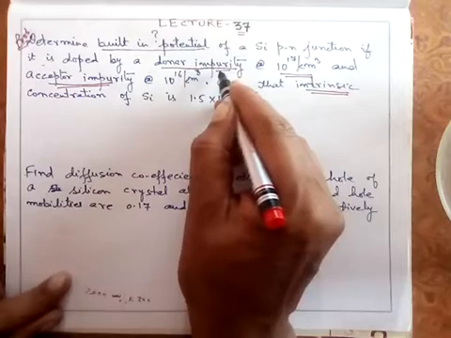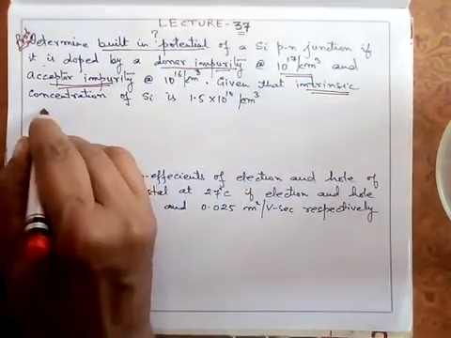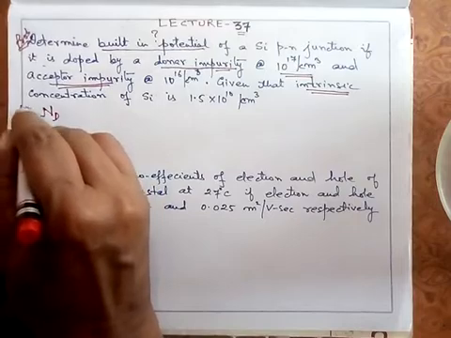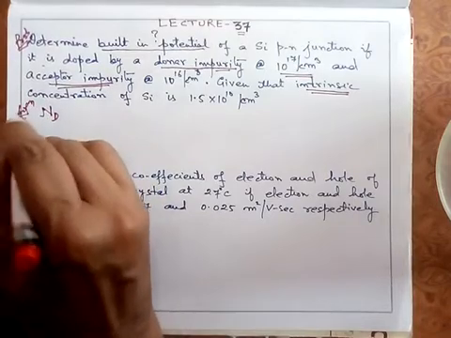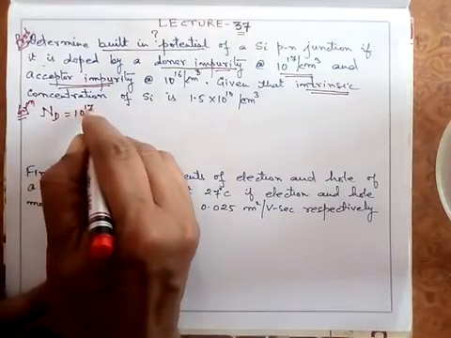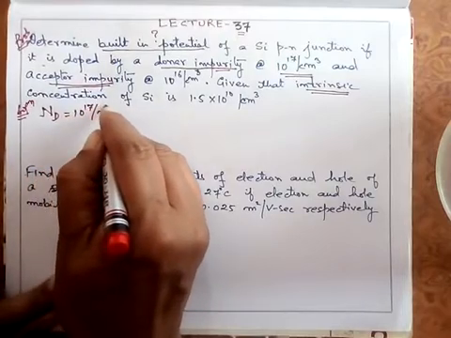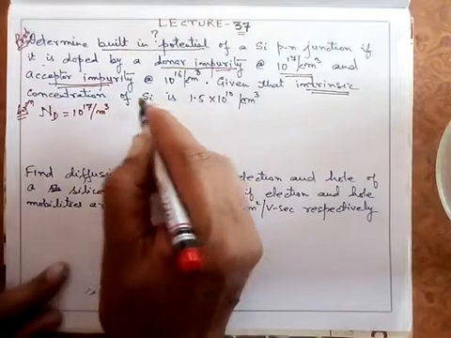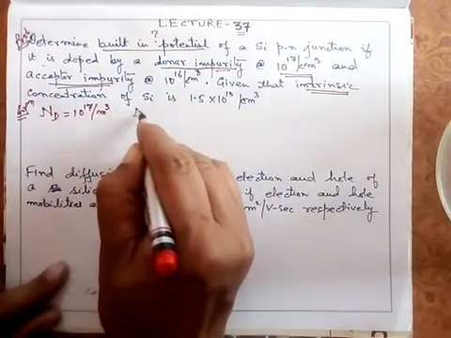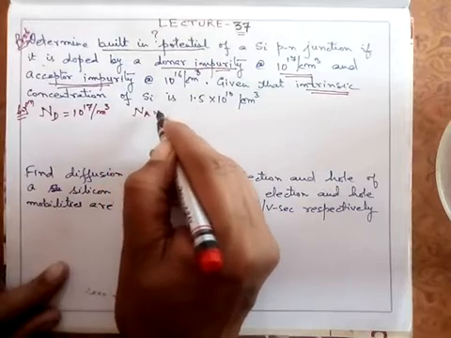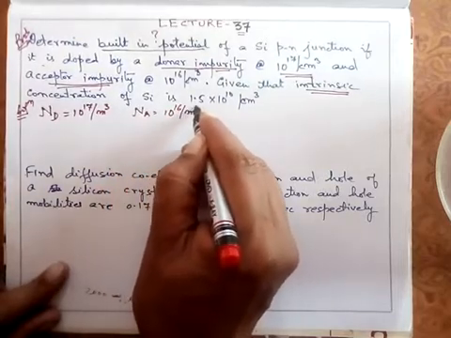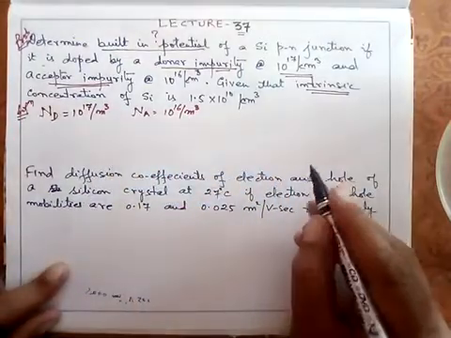First of all, donor impurity, that is Nd. It is given. Look at the solution. Nd is 10 to the power 17 per meter cube, and acceptor impurity Na is 10 to the power 16 per meter cube, which is given to you.